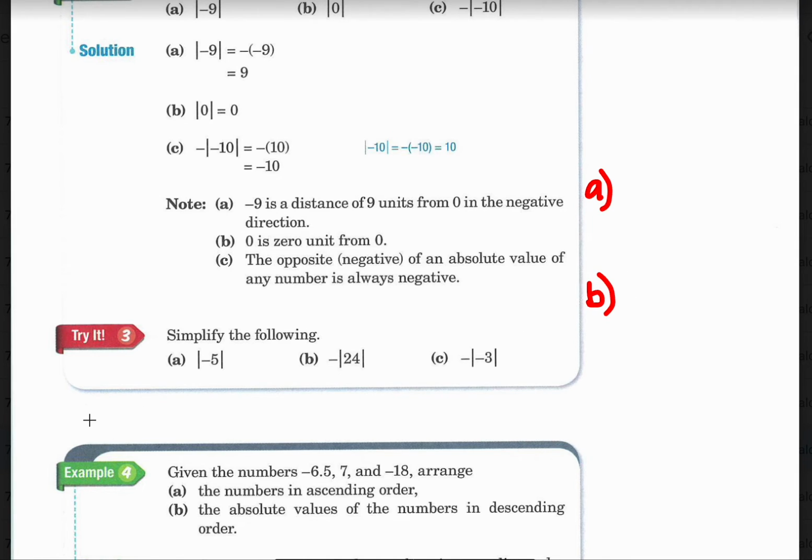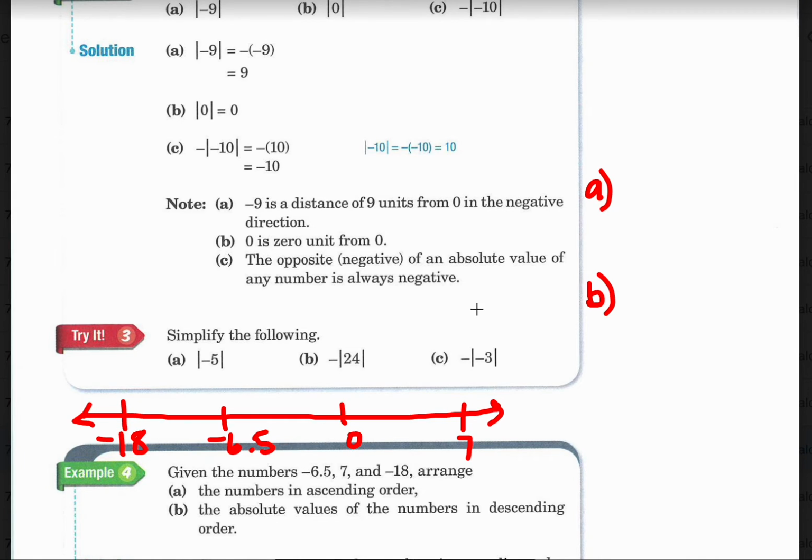Okay, so I'm going to roughly draw a number line. It's not going to be exact. Okay, so here's 0, 7 is going to be somewhere over here, positive 7. Negative 6.5 is going to be over here, and negative 18 is going to be over here.